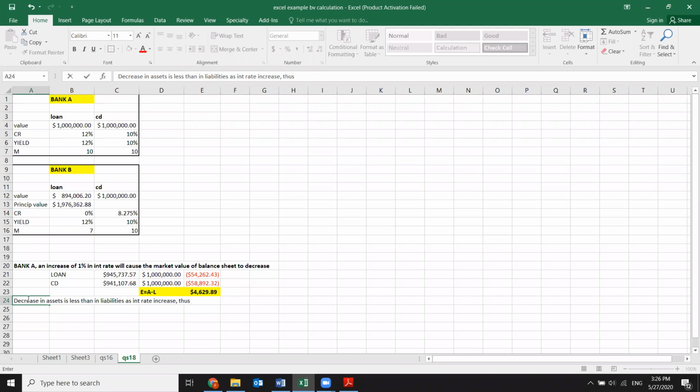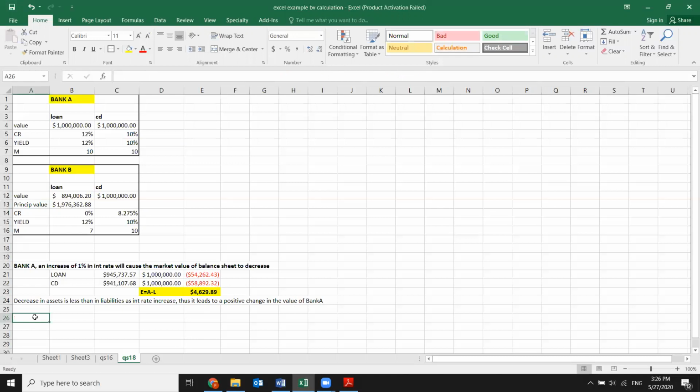Thus, it leads to a positive change in the value of bank A. So this is for bank A.